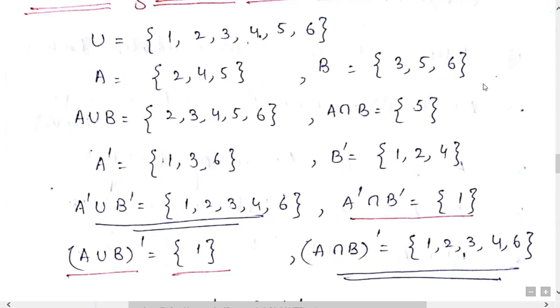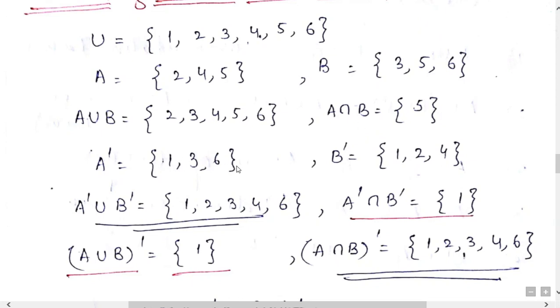You can take alphabets, negative numbers, positive numbers, 0, fractional numbers, any number. If I have to write A union B, then I can write 2, 3, 4, 5 and 6. What about intersection? Only 5 is common, so write 5 only.